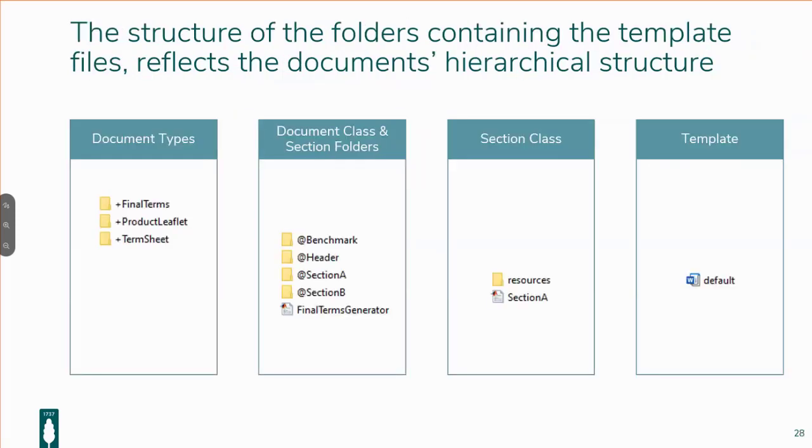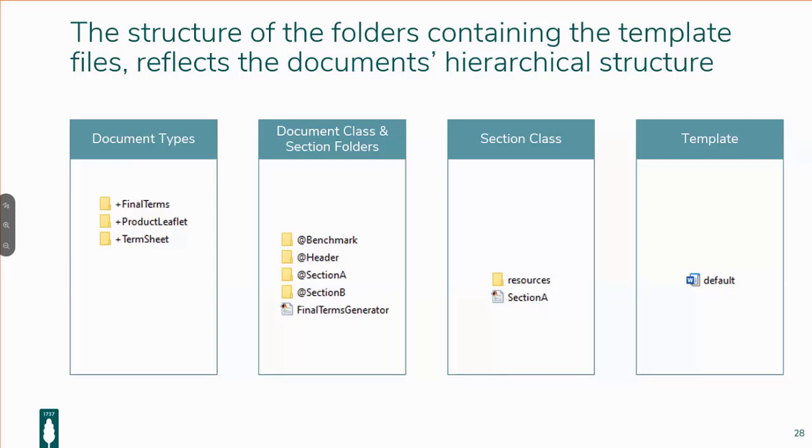So the structure of the folders containing these templates actually reflects the document's hierarchical structure, which I showed in one of the previous slides. Basically, for each type of document, we have a separate package folder. That would be the final terms, the product leaflet, and the term sheet. And each of these folders consists of a number of subfolders and files.